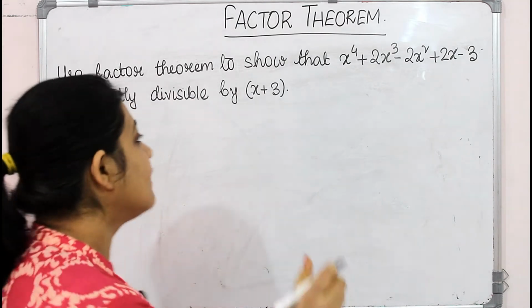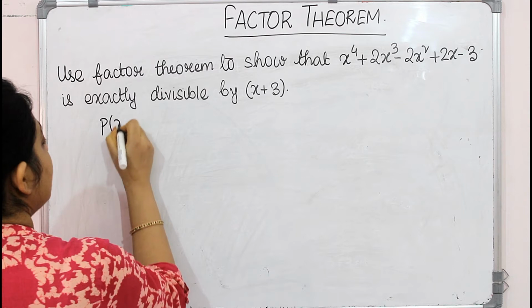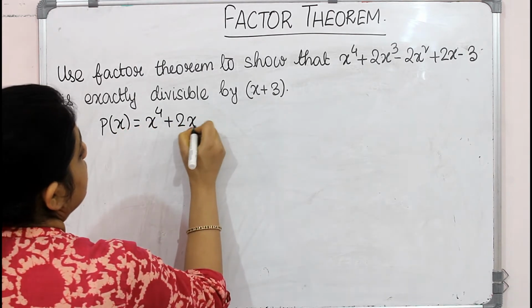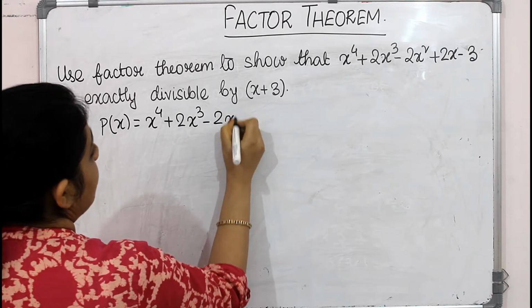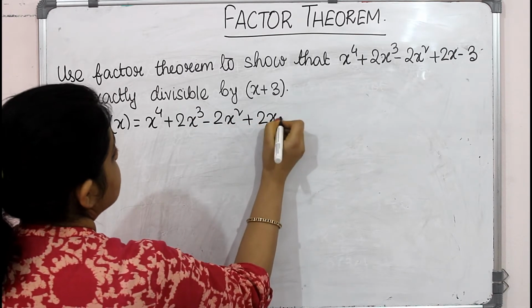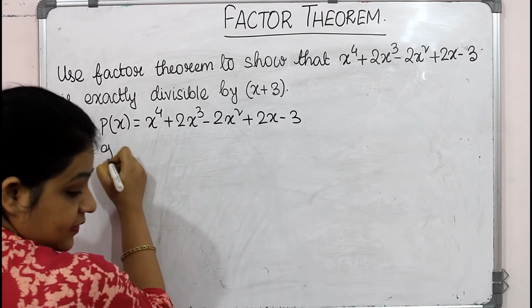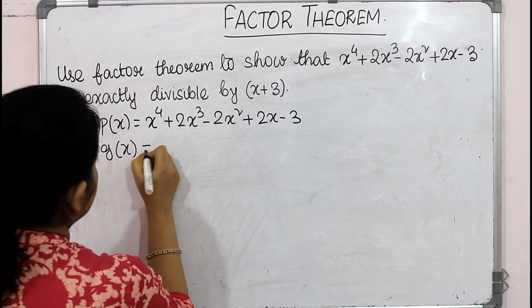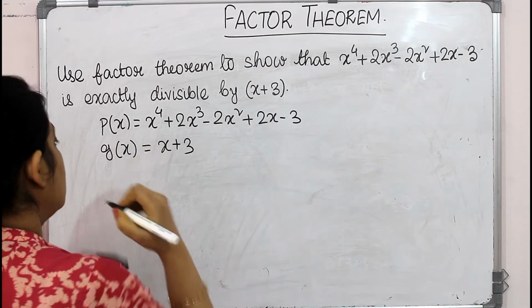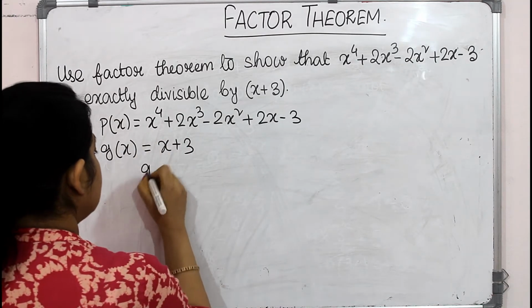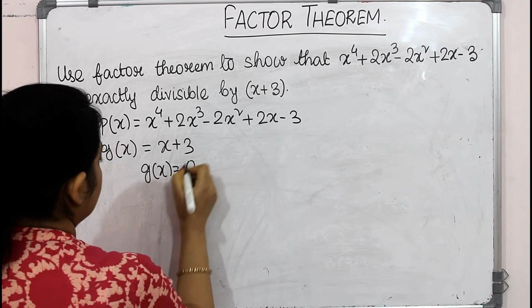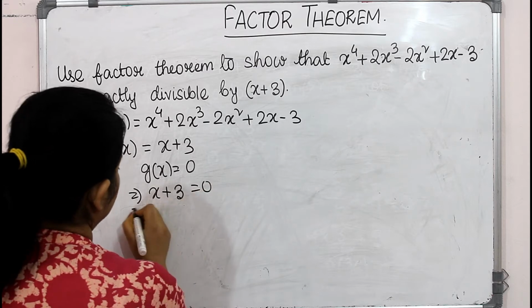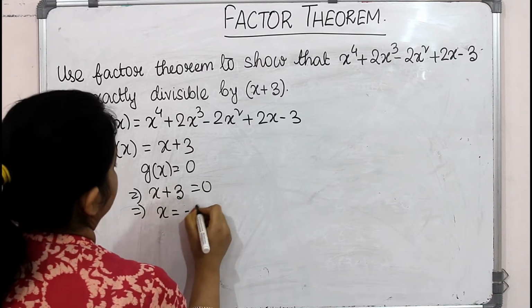So what is p(x) given over here? p(x) is equal to x to the power of 4 plus 2x cube minus 2x square plus 2x minus 3, and g(x) is equal to x plus 3. If g(x) is equal to 0, you write x plus 3 equal to 0, so x equals minus 3.